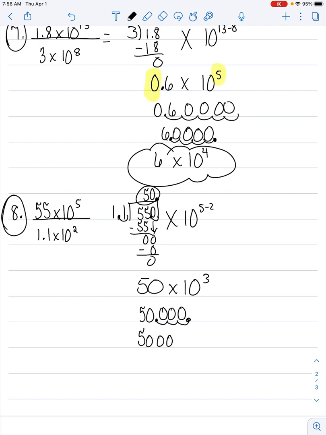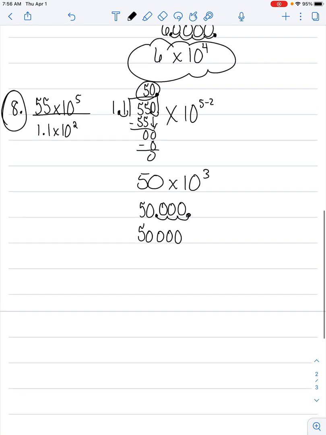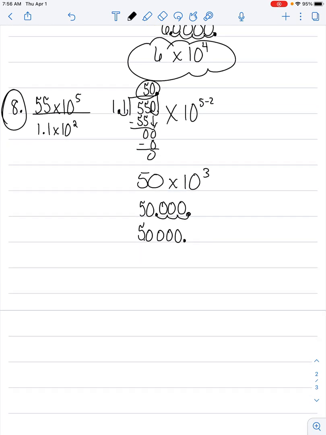So my new number is 50,000. Now I want to rewrite it in scientific notation. So my decimal is here, but I want it here. So 5 times 10 to the 1, 2, 3, 4. My zeros are to the right, so it's a big number. So 5 times 10 to the fourth power is the answer to my division problem.